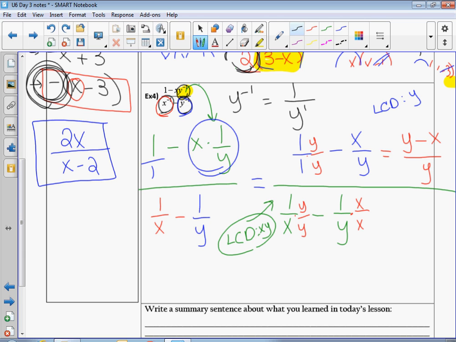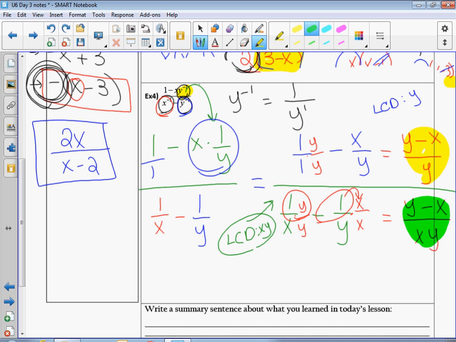Multiply top and bottom by that missing part. So my common denominator is xy. My numerator I have 1y minus, I distribute the minus 1 to the x, minus x. So I have one fraction in the numerator, I simplified that, and one fraction in the denominator.